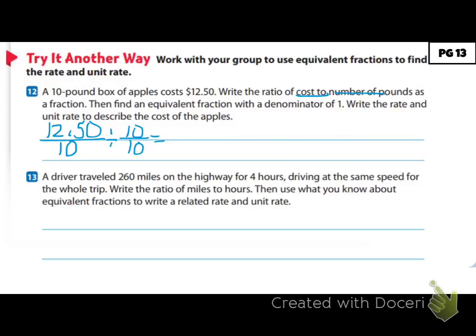When we divide by 10, we're basically just moving the decimal. So, when we do that, we get 1.25 for our top, and 10 divided by 10 is 1. So this would be our related rate. And then to find our unit rate, it's just the number that's being compared to 1. So our unit rate for the cost of the apples is going to be $1.25.